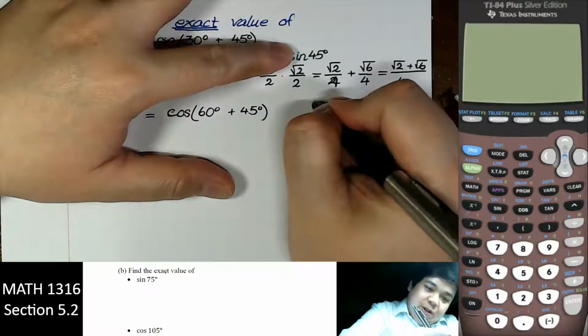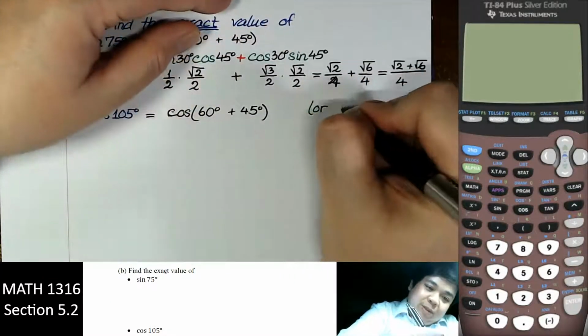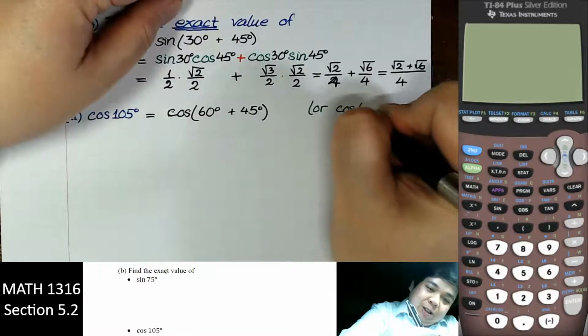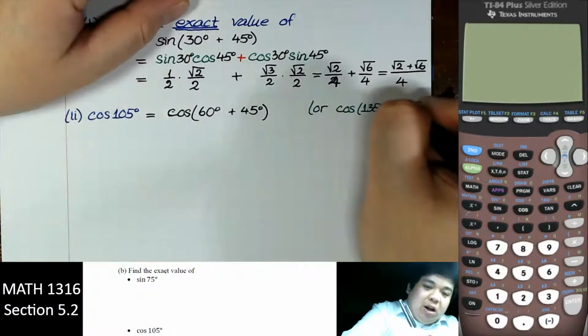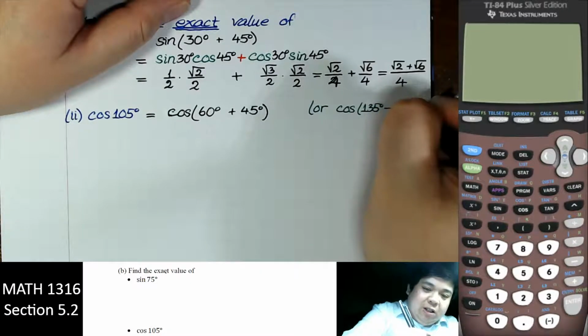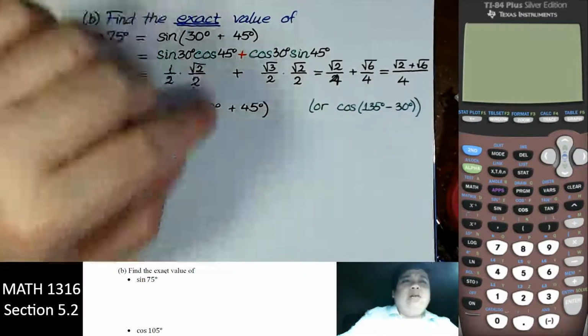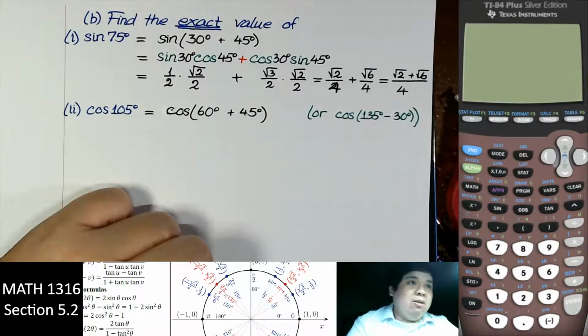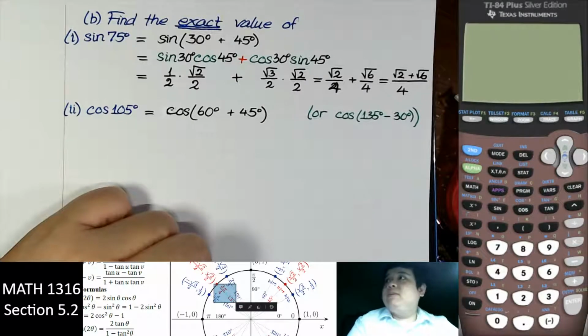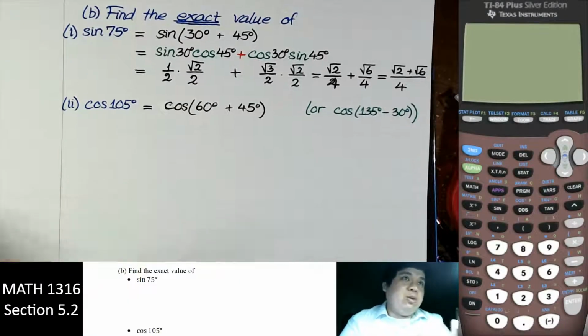Of course, or we can use 135 minus 30, or a bunch of different combinations, because 135 on the unit circle, we have the exact values.